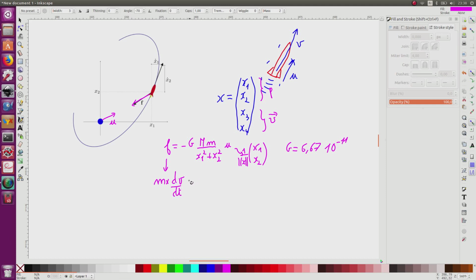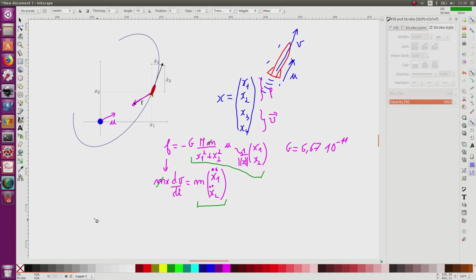This corresponds to m times x double dot 1, x double dot 2. So if I simplify by m, this quantity is equal to this quantity.